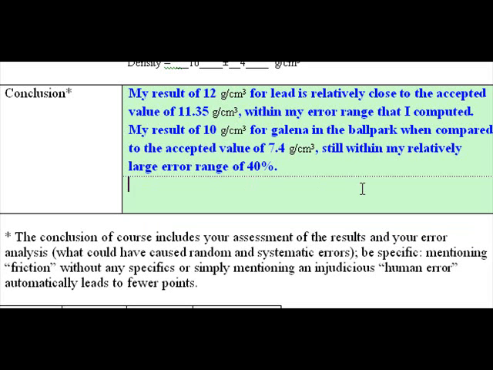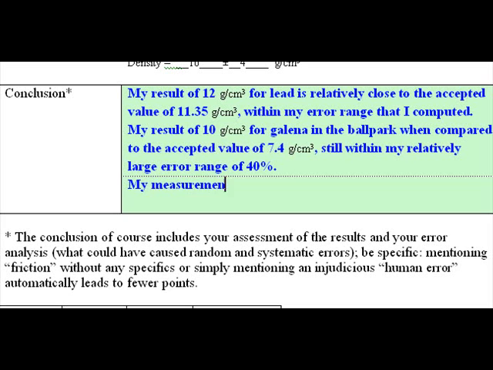So if I wrote down now that my measurements were influenced by human error, that automatically leads to me taking points off, because that absolutely has no meaning. What does that mean? Human error. I have no idea. You have to be specific in detail.